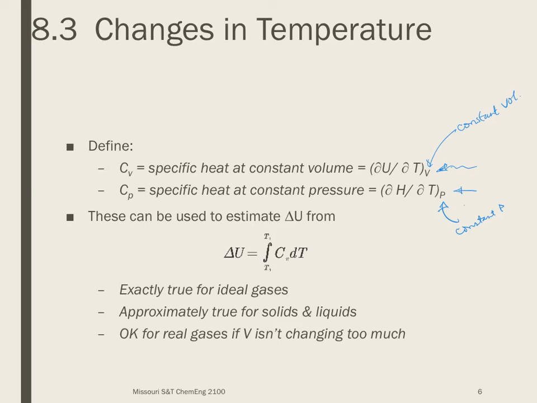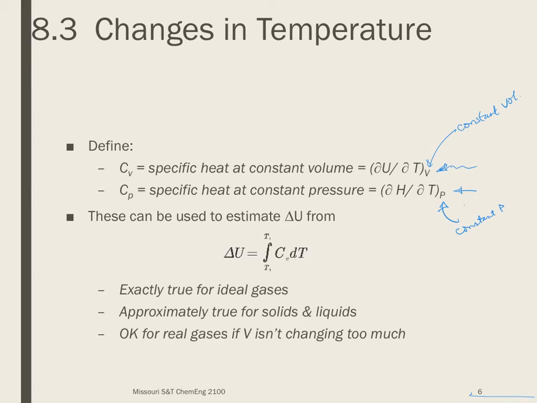So I can use the C sub V definition to say that, if the derivative of U with respect to temperature on a constant volume path is C sub V, then delta U is going to be the integral from T1 to T2 of C sub V dT. So this is using the specific heat at constant volume. Now this will be exactly true for ideal gases.